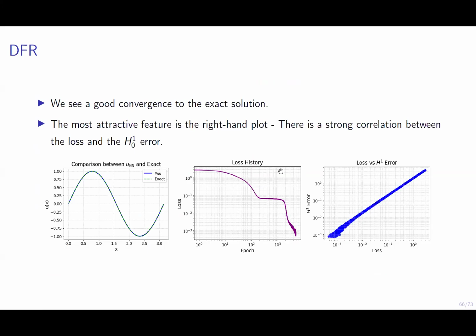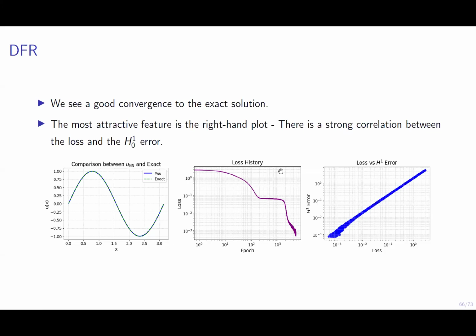So this is the kind of result that we get if we use these trigonometric basis functions, which we know to be H10 orthogonal, in this VPINNs framework. I have a really simple solution and a very good approximation of it. I can see my loss evolving, and it's going down, as it should. But the most attractive feature is the plot on the right.